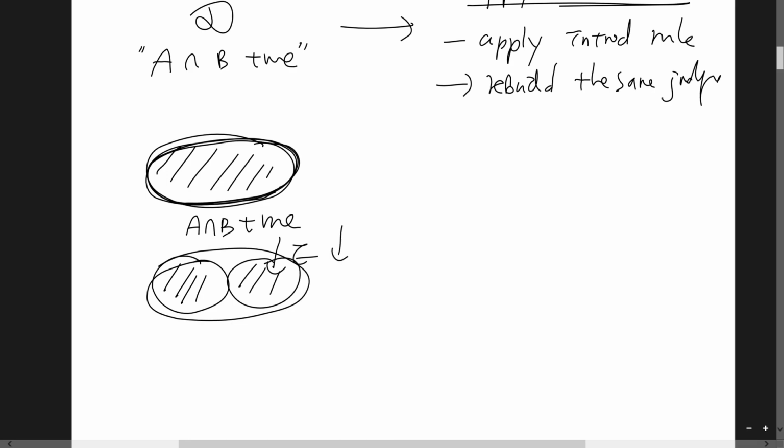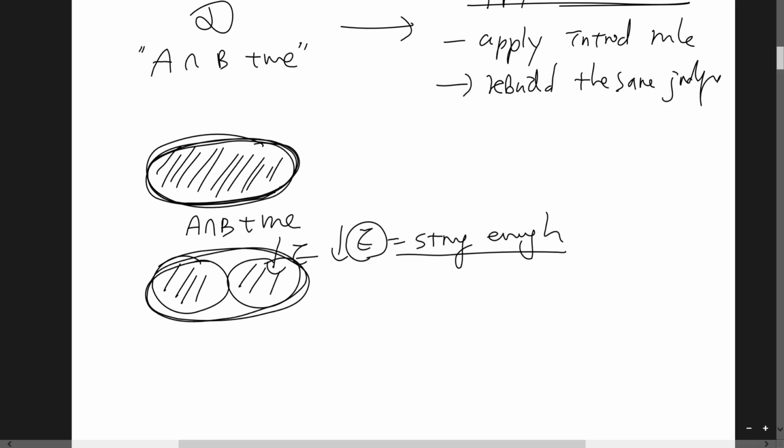Then how can you test if we have indeed reconstructed the original information?